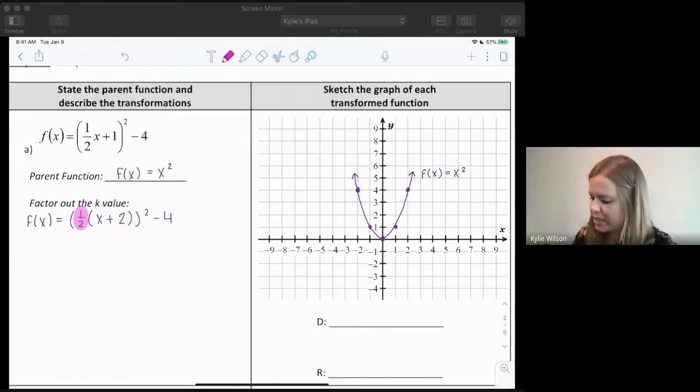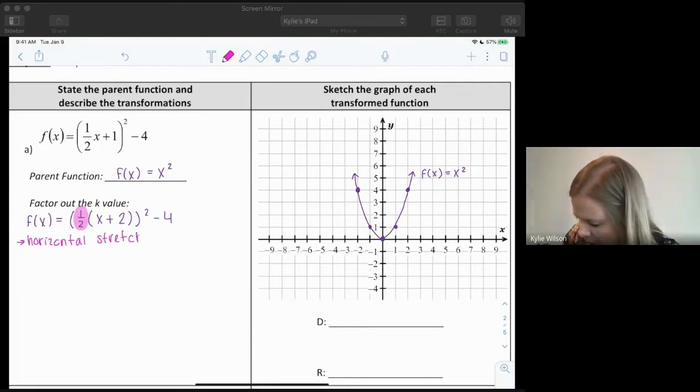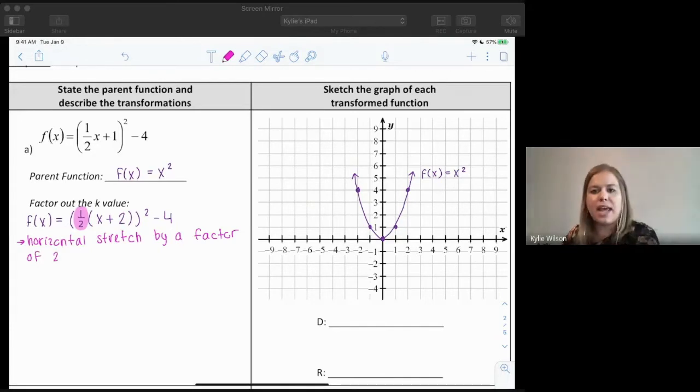So what does that do? I have a k value of 1/2, so it's positive. No need to worry about any reflections. But I would have a horizontal stretch by a factor of 2. And the reason it's 2 is because we have to do 1 over k.